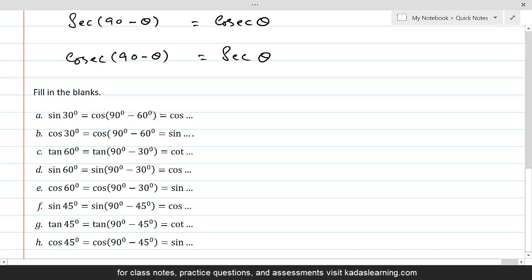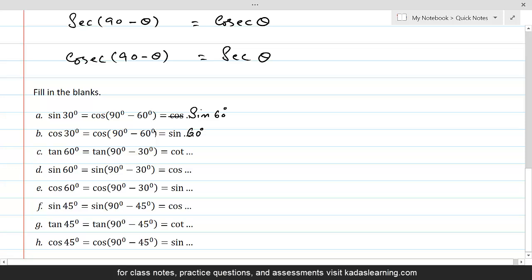But cos of 90 minus 60 degrees will be equal to cos of, in fact, this should be sine. This shouldn't be equal to cos. So this should be equal to sine of 60 degrees. And cos of 30 degrees equal to cos of 90 minus 60 should be equal to sine of 60 degrees.